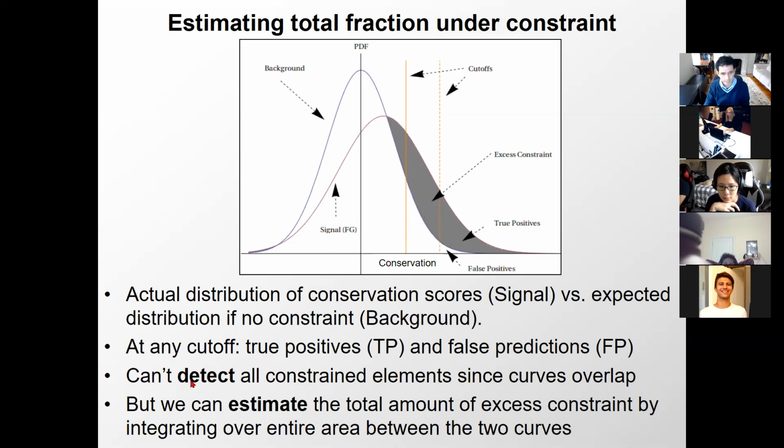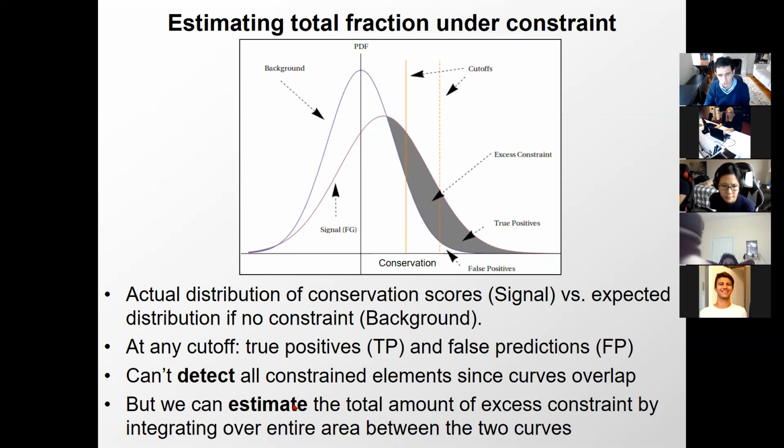But the problem is that we can't detect all of the constraint elements because the curves overlap. Basically, yes, the true signal is slightly shifted to the right compared to the neutral signal in blue, but the distributions are still highly overlapping. So we will never be able to detect something here without also letting in a bunch of false positives there.